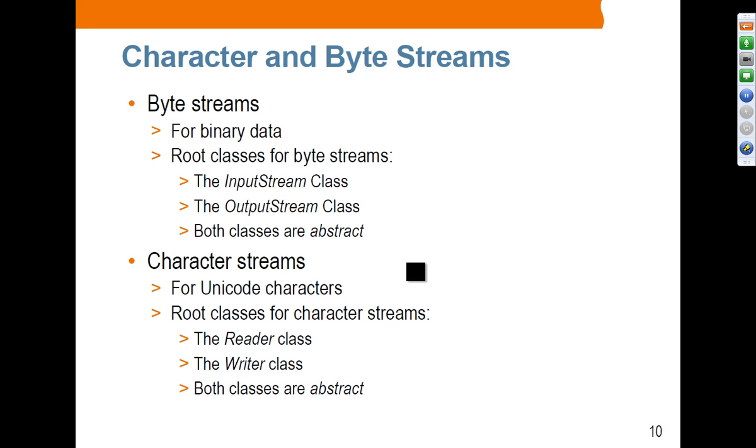The root classes for byte streams are the InputStream class and the OutputStream class, and both classes are in fact abstract classes. For character streams that are passing Unicode characters as the data type, the root classes are the Reader class and the Writer class. And again, these two classes are abstract classes.